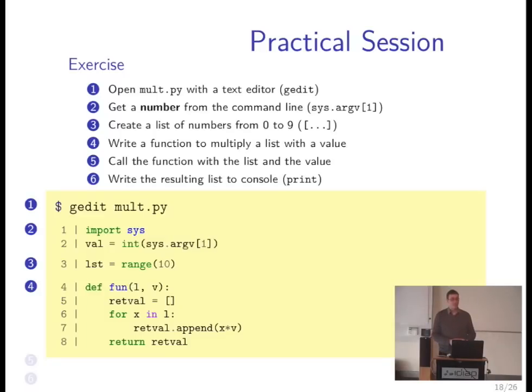So the function might be a bit more tricky. First, the definition of the function. Here, I just take 2 parameters, the list and the value. I define an empty list at the beginning, and I iterate through the given list and append the value inside the given list multiplied by the v and return it.